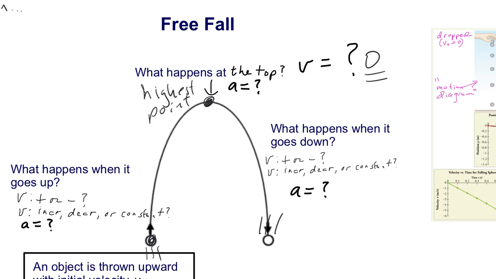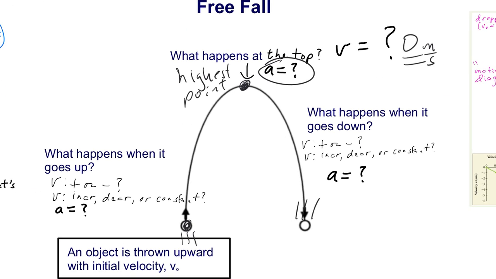So what happens at the top? v equals 0 meters per second. What's the acceleration at the top? Well, here's the trick. The acceleration everywhere, going up and descending, going down, is the same.